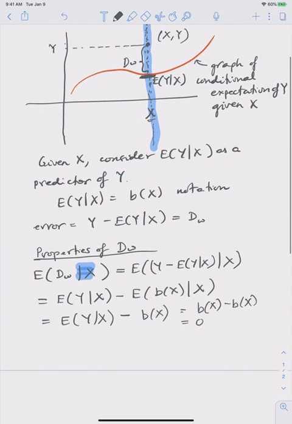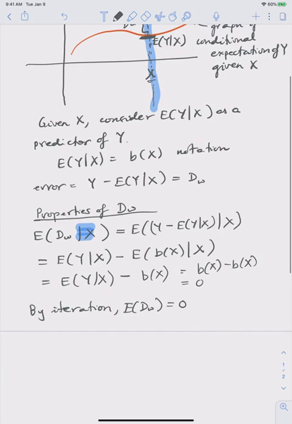And now by iteration, the overall expectation of these vertical deviations is 0. Let's write the math out first, and then we'll look at the picture.